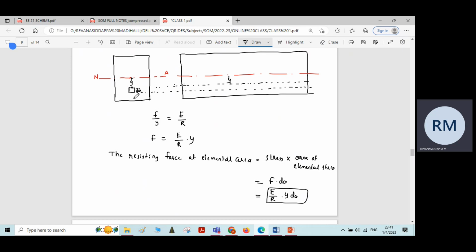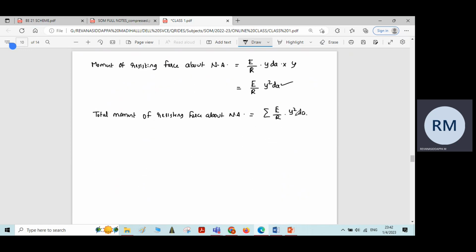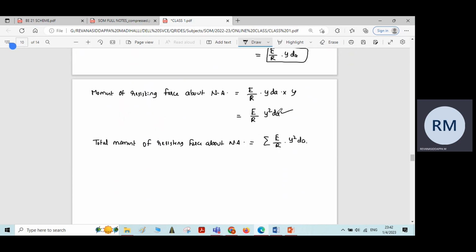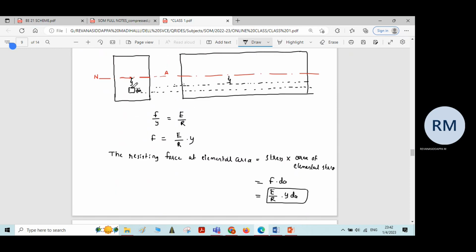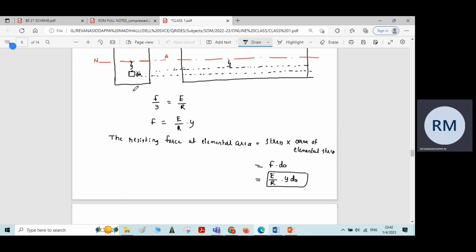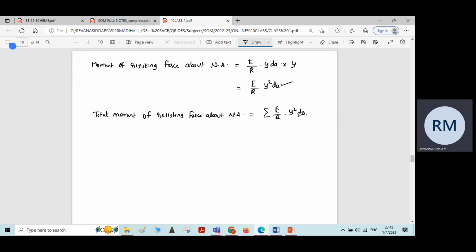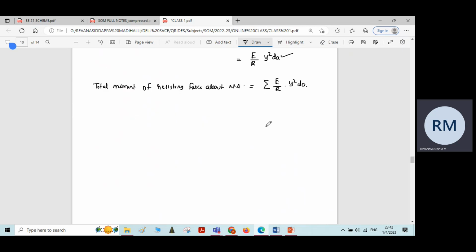If you want to get the moment of the full resisting force which will come from the full cross sectional area about the neutral axis, it will be the summation of moments of such resisting forces by considering similar elemental areas: sigma into E by R into y square into dA.